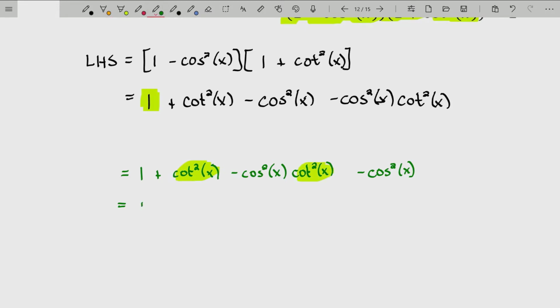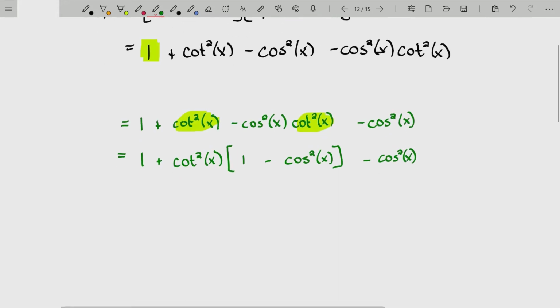When I do that, I get a cotangent squared times 1 minus cosine squared. Now, like I said, there are a lot of ways to do this, so this is not the only way. But now that I've gotten there, I know that 1 minus cosine squared is another way of writing sine squared.